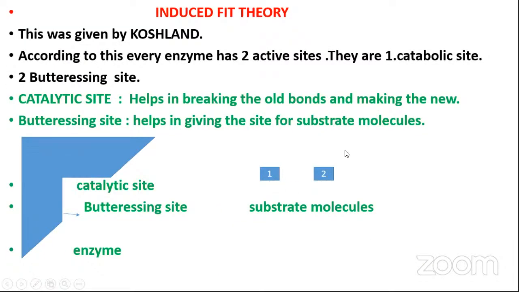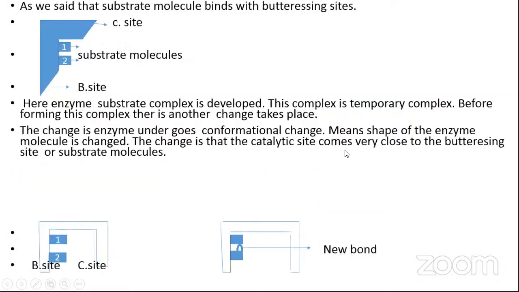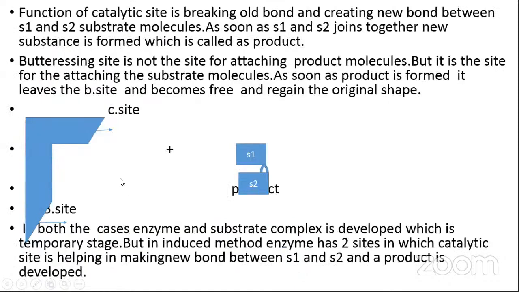Here they are separate, but after undergoing reactions, a bond is created between the substrate molecules and they become joined together. After that, these molecules are treated as end product molecules. After leaving the binding site, the end product molecules become free, and the enzyme also becomes free and regains its original shape.